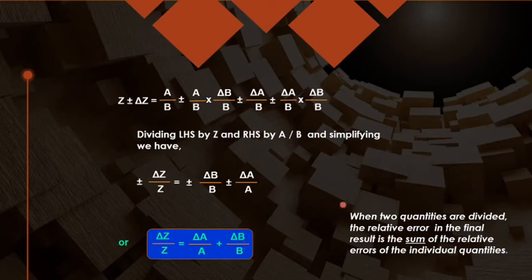So again you can say when two quantities are divided, the relative error in the final result is the sum of the relative errors of the individual quantities. So whether the two quantities are in product or they are in division, the result is coming out to be the same. This you have to keep in your mind.